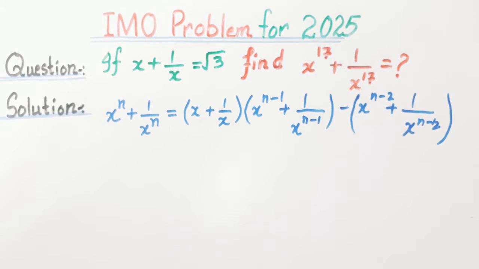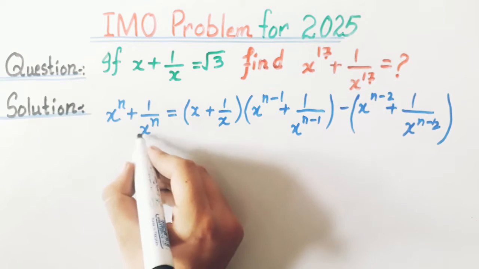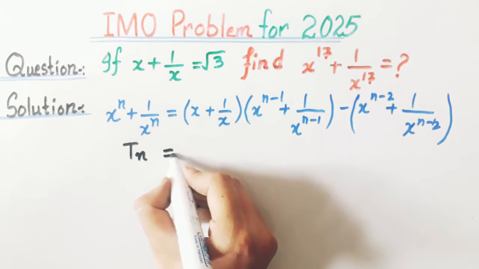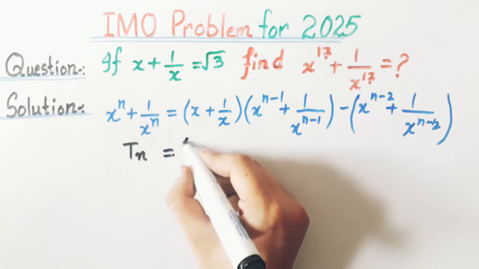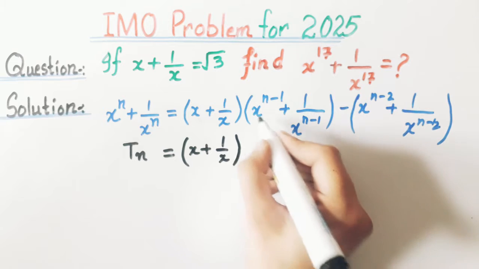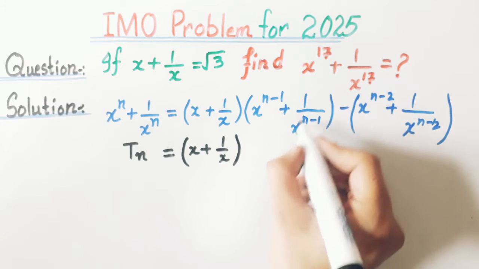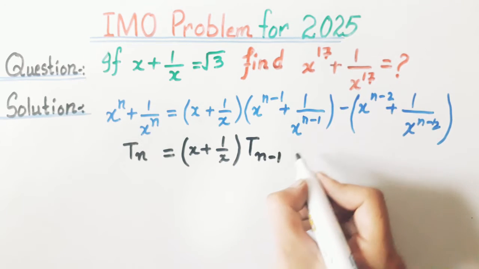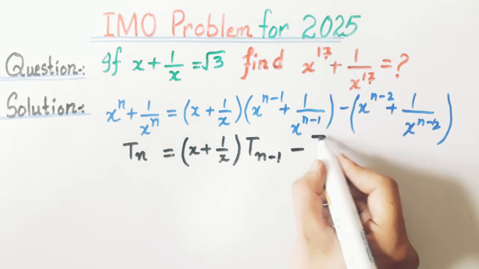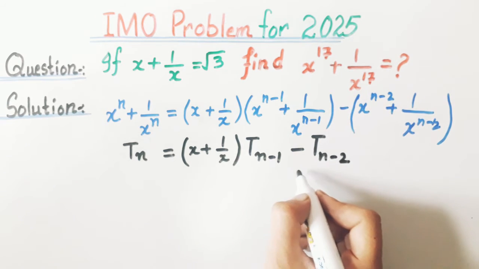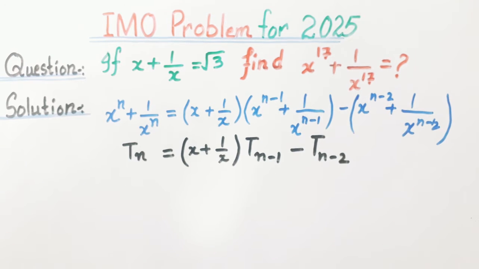And we can make a relation of this: x raised to power n plus 1 over x raised to power n is equal to Tn, and x plus 1 over x is as it is, and x raised to power n minus 1 plus 1 over x raised to power n minus 1 is equal to T n minus 1, minus T n minus 2. This is the important formula we will use to solve this question.